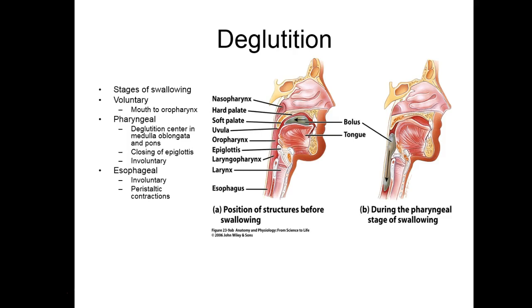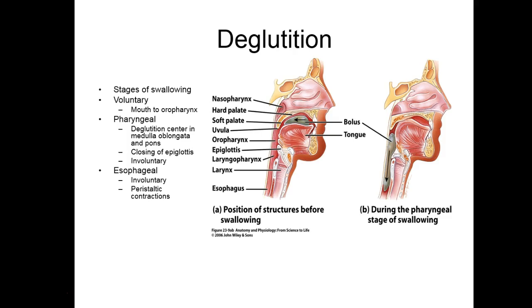You start out with, and this isn't quite going to follow your book, but it's going to become pretty close, your buccal phase, whichever way you choose to pronounce that, which is the initial phase, where you have compression of the bolus against the hard palate, and it moves from the hard palate to the oral pharynx.